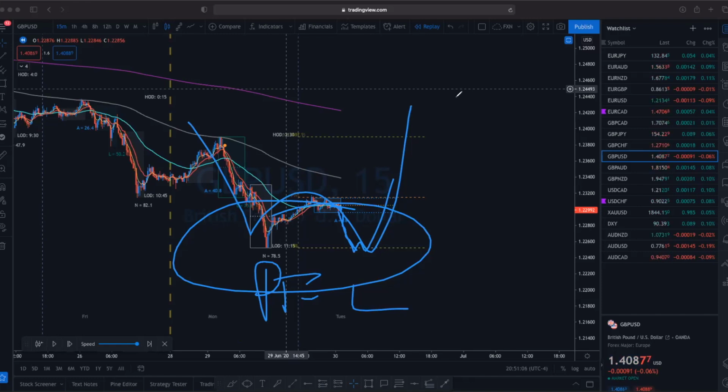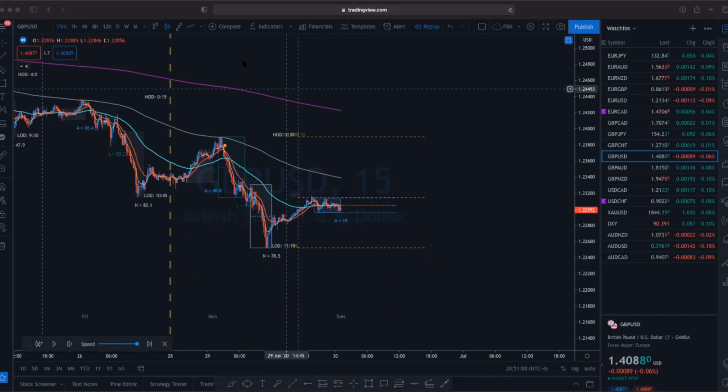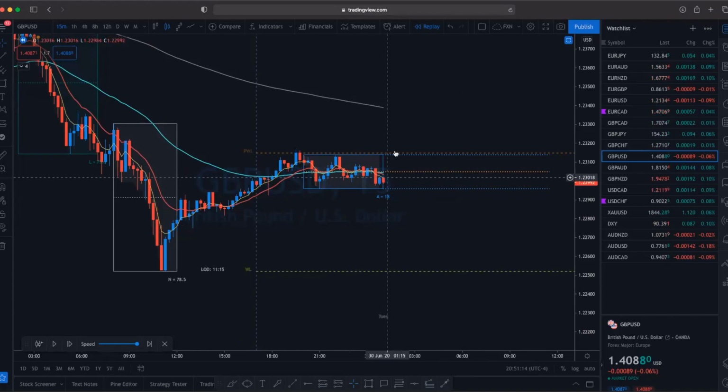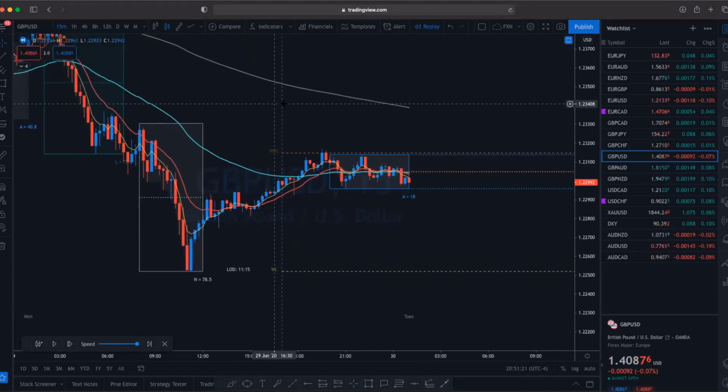You see what I mean? It just depends on how price action behaves, whether it goes up, pins here and comes down, or shoots straight down and then gives you a pattern there. So you just have to let it show you what it's going to do.